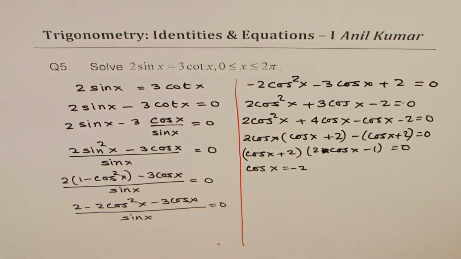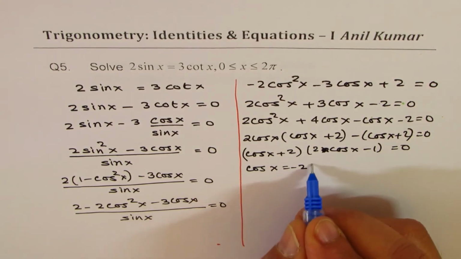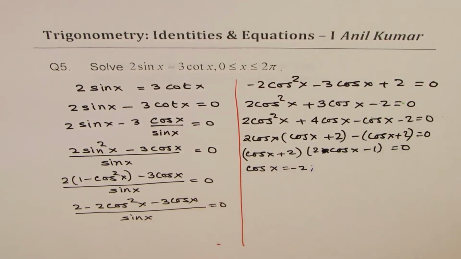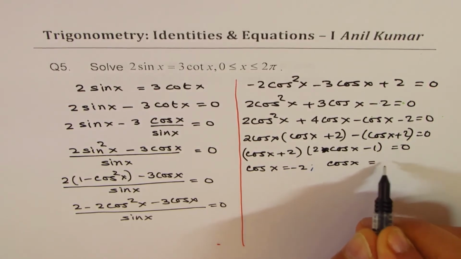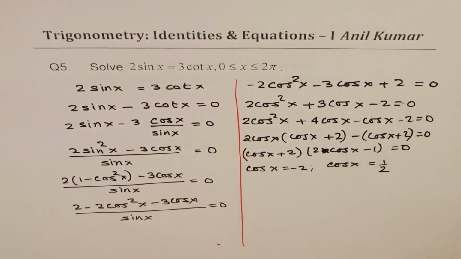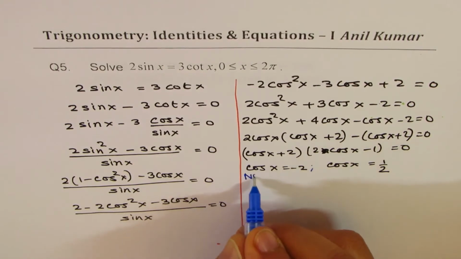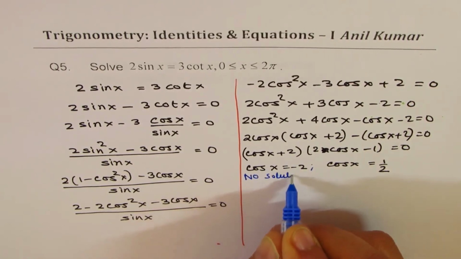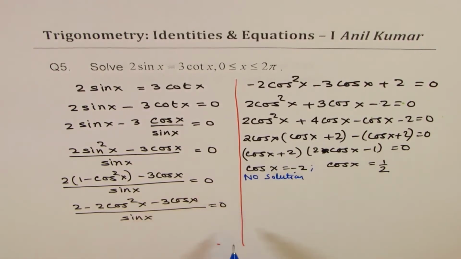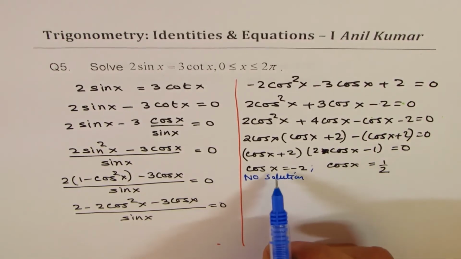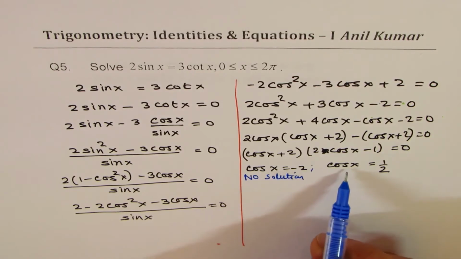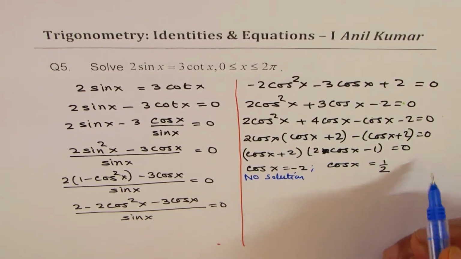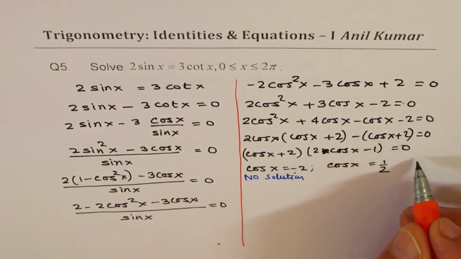That is no solution, right? This is no solution. The other one we could get as cos x equals half, right? Now from the first we get no solution, since the absolute cos value is less than or equal to 1. Now cos x equals half, we do have a solution here.